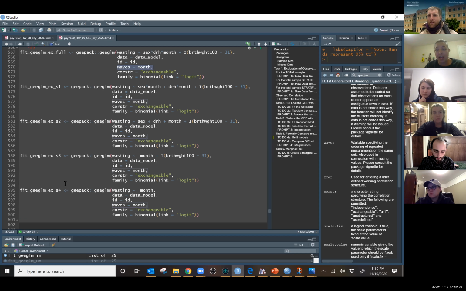There are different camps. We fit the first model with the 3-way interaction. Does sex and having diarrhea moderate the chance of having wasting disease after controlling for birth weight? That was our research question. If the answer is no, an unstated follow-up question is, if it doesn't moderate it, does it have any effect?